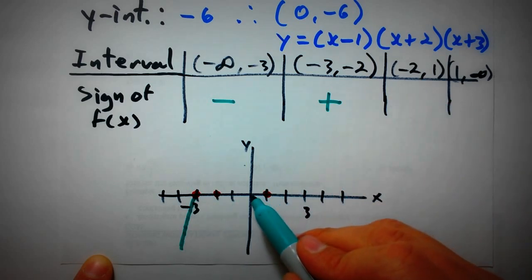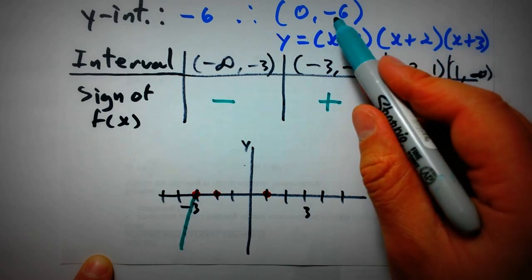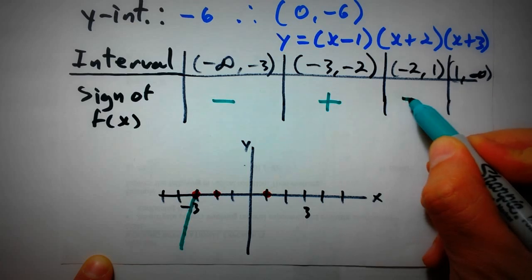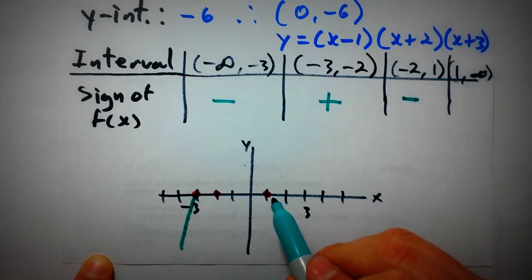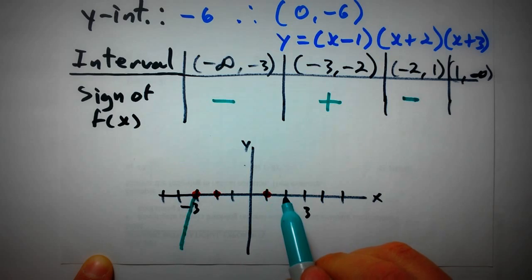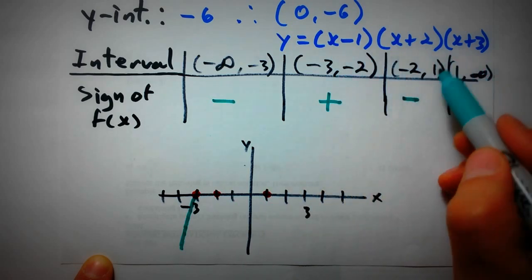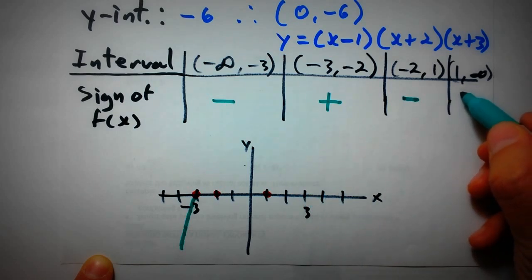Let's make it easier: 0, and when we substitute 0 we get -6. So it's negative between -2 and 1. Then from 1 to infinity, let's choose 2. 2 minus 1 gives us a positive, so it's positive from 1 onward.